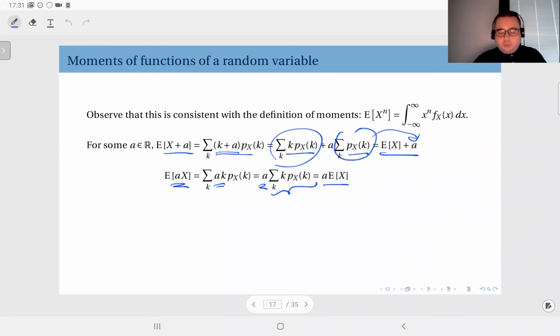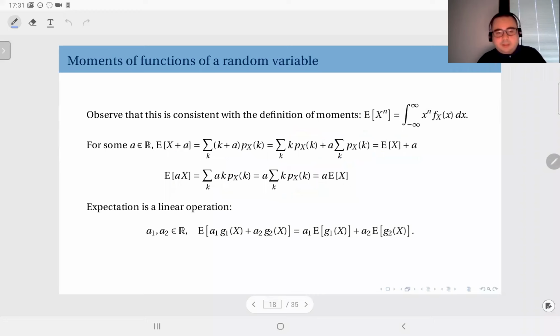Therefore, these two together show us that the expectation is a linear operation for any a1, a2 real numbers. As you see, this is a generalization. Here, g1 and g2 are just two arbitrary functions that you can apply to random variable x. a1 times g1 of x plus a2 times g2 of x is going to be equal to a1 times the expected value of g1 of x plus a2 times the expected value of g2 of x.